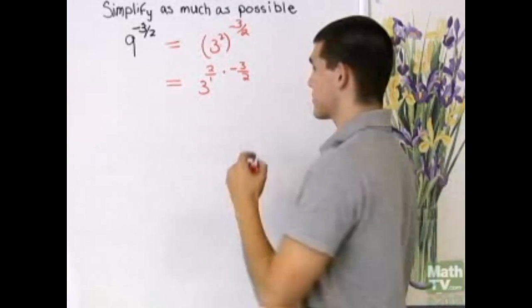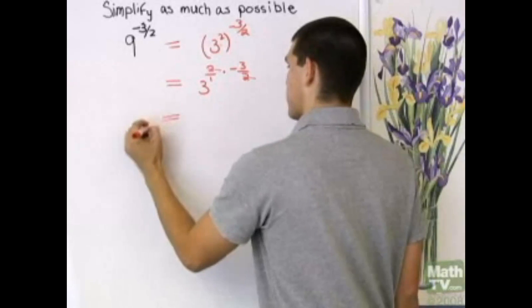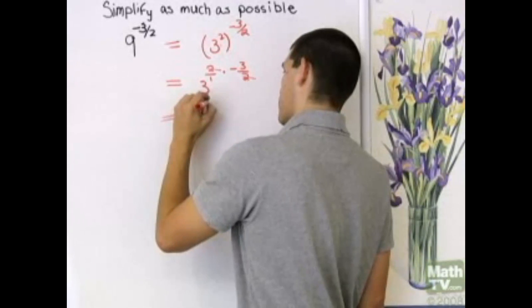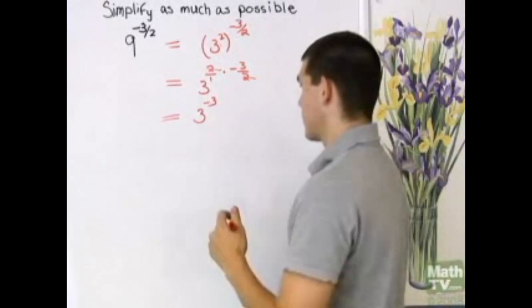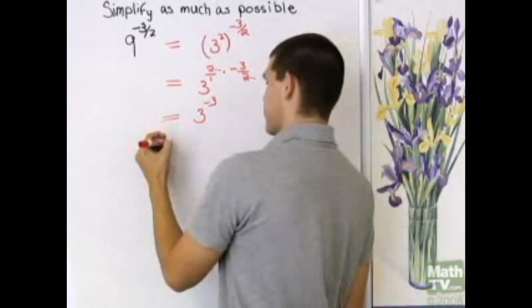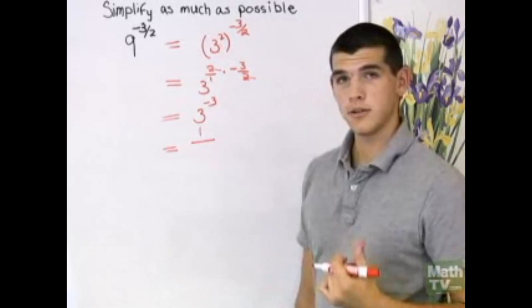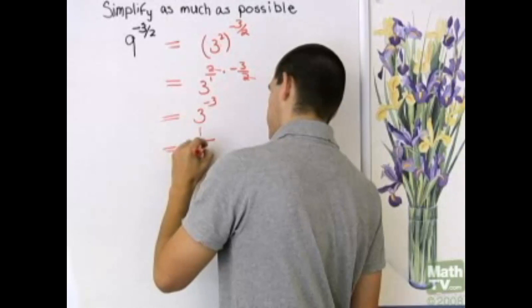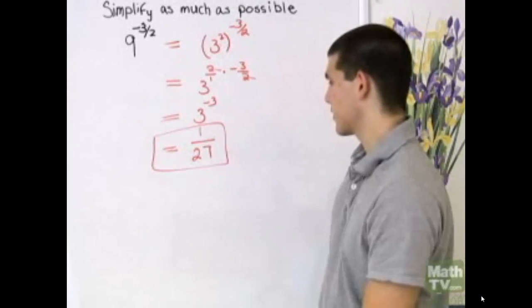We can see that both 2's will cancel, so that we're left with 3 to the negative third. Now, since it's a negative exponent, we have to rewrite this as 1 over, and 3 cubed is going to be 27. So our answer is 1 over 27.